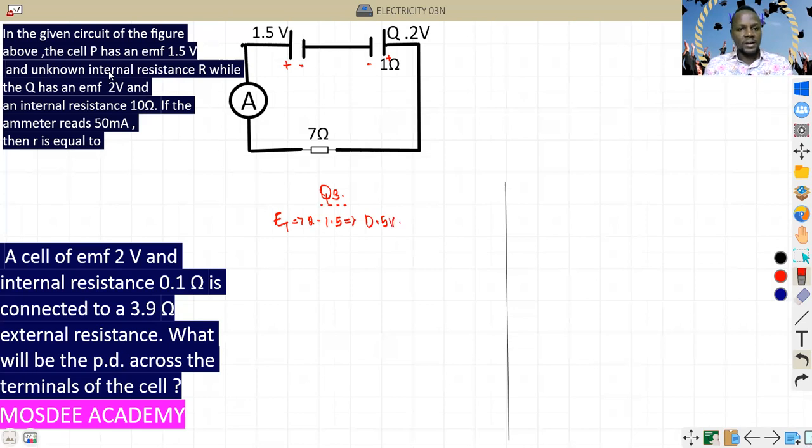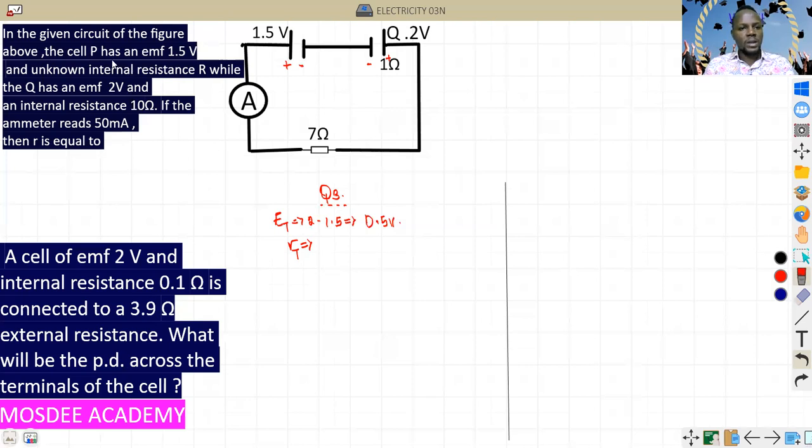Now, the next thing is we have to get the total internal resistance. Always keep it at the back of your mind that internal resistance is always connected in series with the cell, or with the circuit, anyhow you want to say it. So here we have the internal resistance r for the two cells. We're talking about the total internal resistance for the first one as well as the second one. So quickly, we can just say we are having the two.